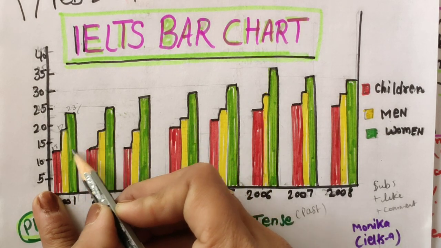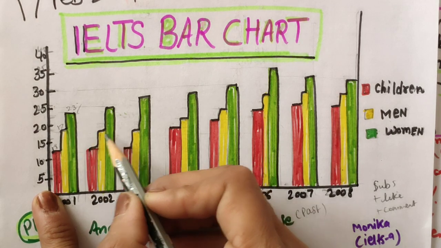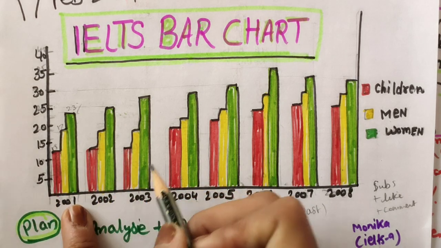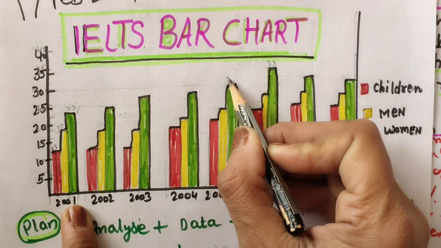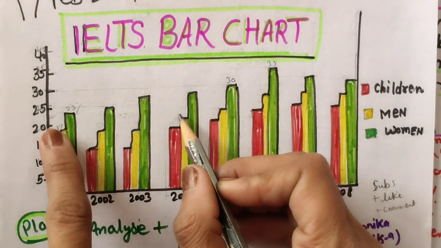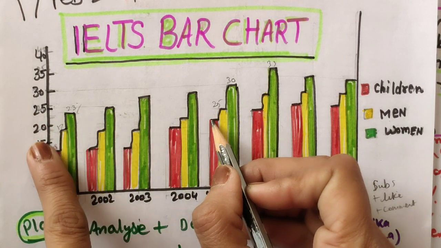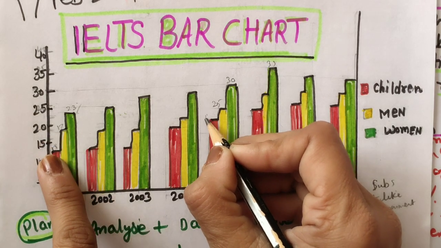And in these 3 years it is stable. These two categories are stable for the first 2 years, but this is increasing, and this is exactly 35, this is exactly 30, and this is exactly 25, and this is just below 20%.